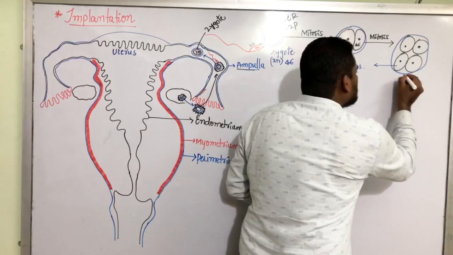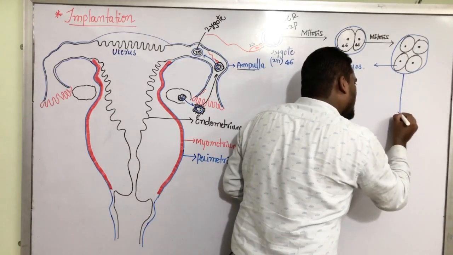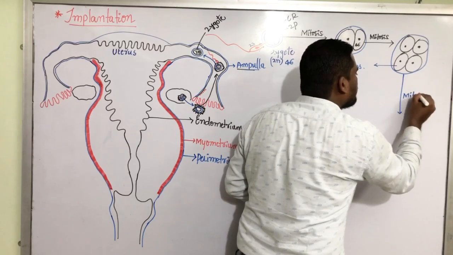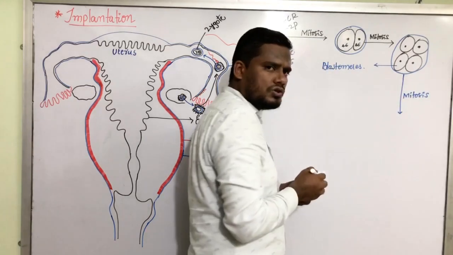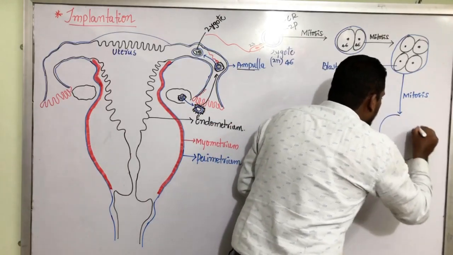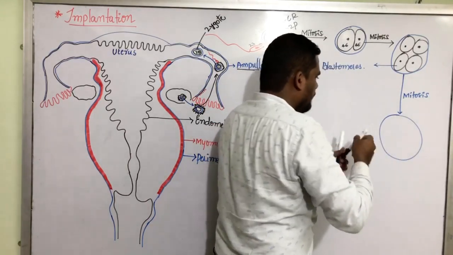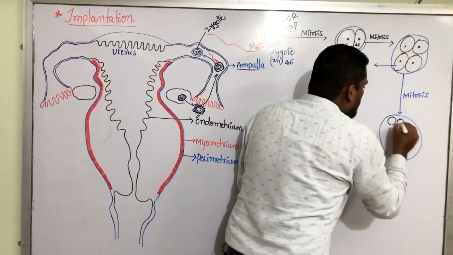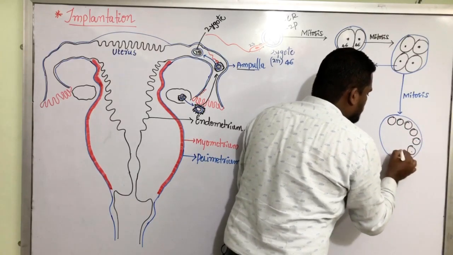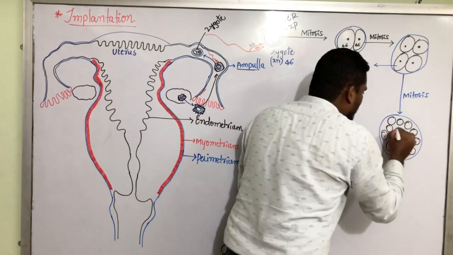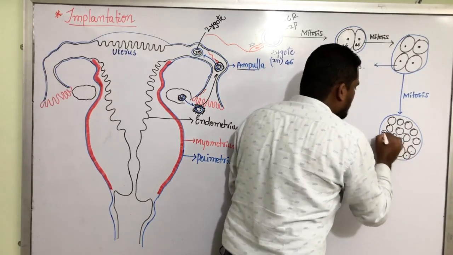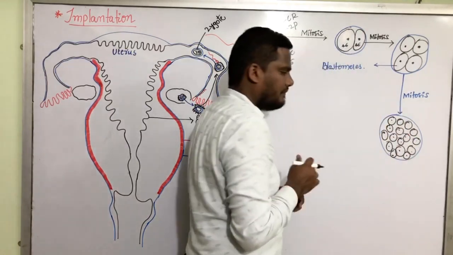Now, this is undergoing repeated mitotic division. Again it divides by mitosis. Then ultimately we'll have 8 to 16 cells formed. 1, 2, 3, 4, 5, 6, 7, 8, 9, 10, 11, 12, 13, 14, 15, 16. 16 cells are formed.